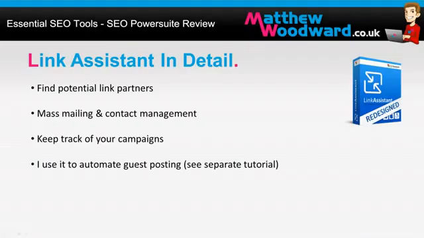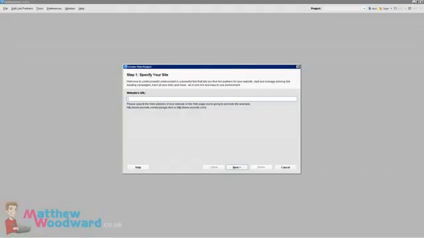And last but not least is Link Assistant for finding high quality links. So this is Link Assistant, and it's really good at finding places to get high quality links from. I also use it to automate guest posting, but there's a separate tutorial available for that on my blog. So let's get started.